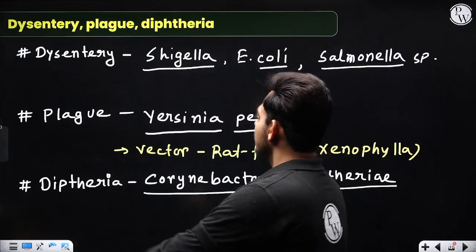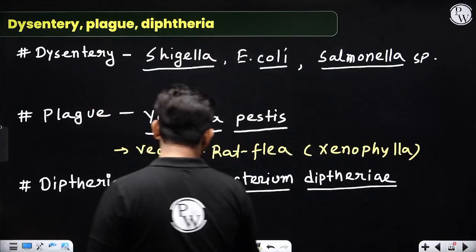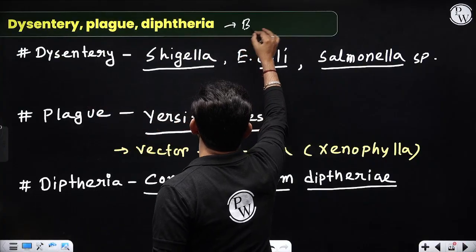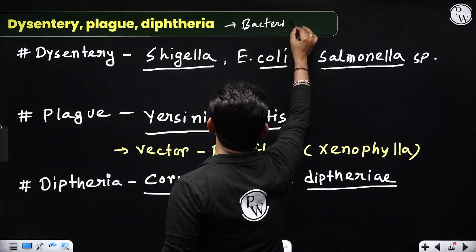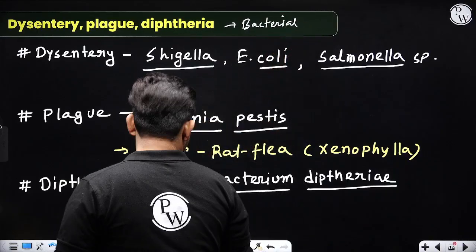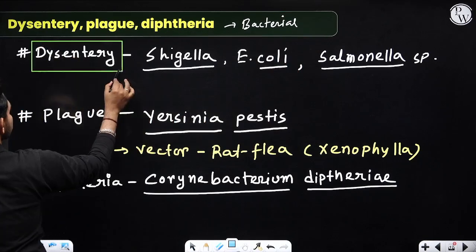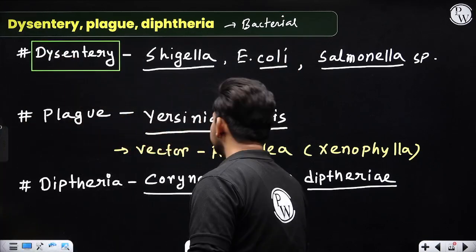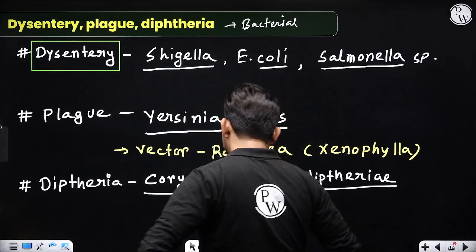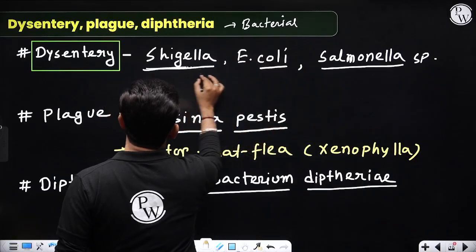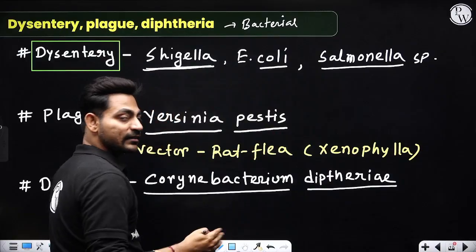Okay. Now a few more bacterial diseases. The first disease here is dysentery. This bacterial dysentery is caused by a bacteria called Shigella.